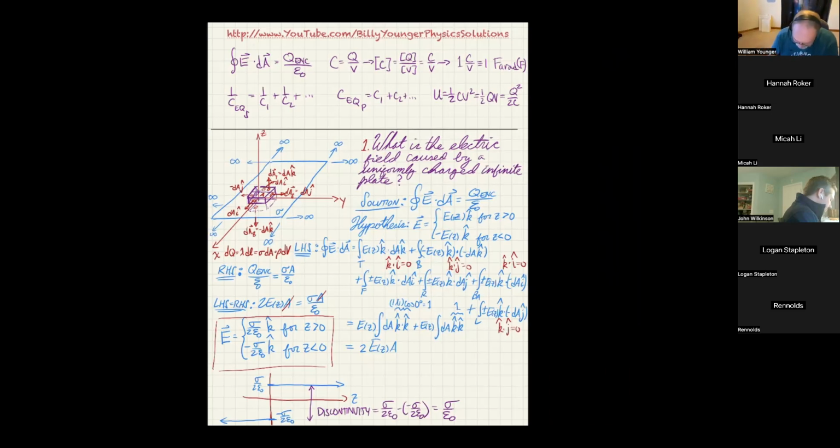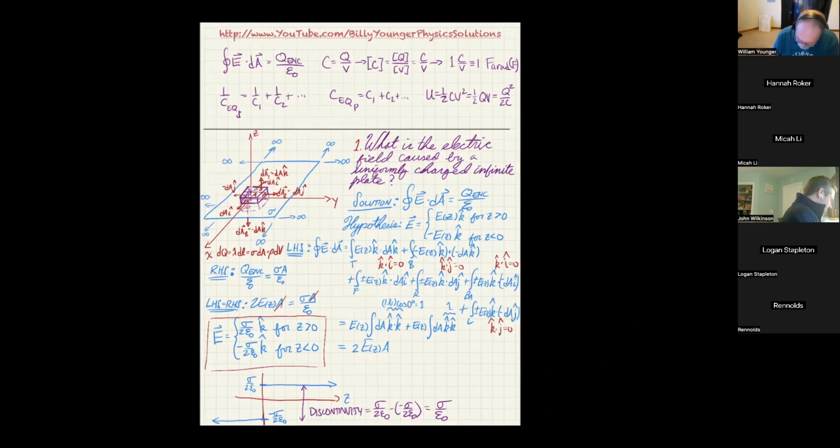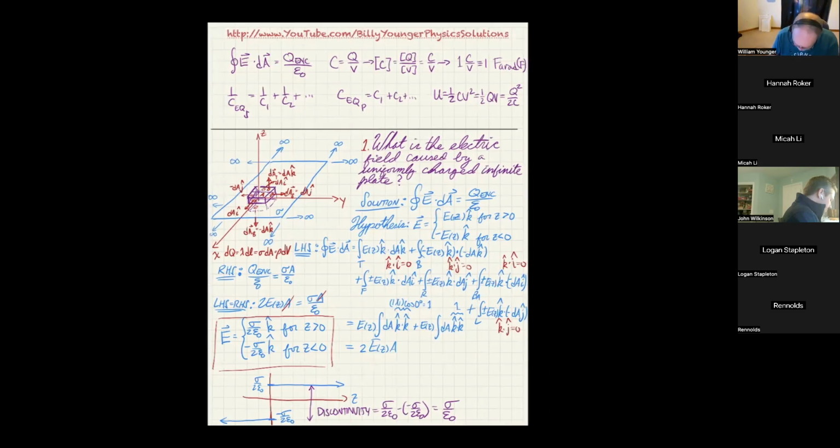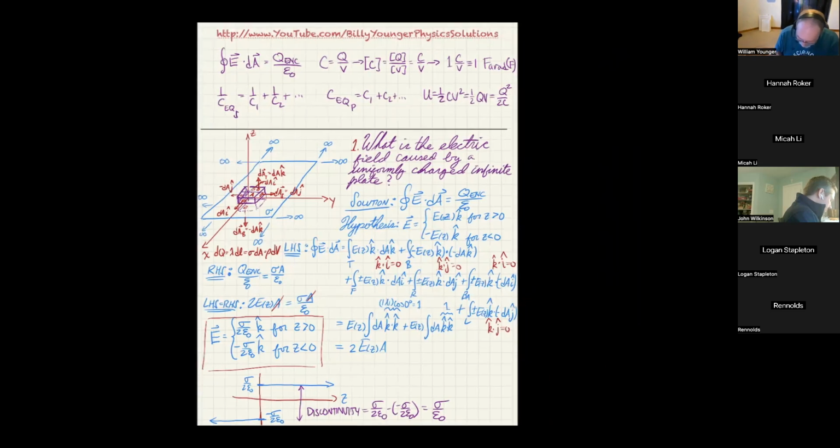Okay. Now that we have that, we've got to go ahead and figure out what the electric field is for a parallel plate capacitor.